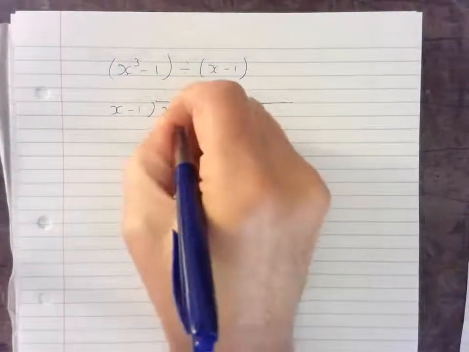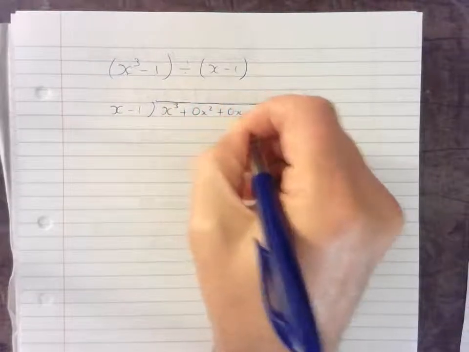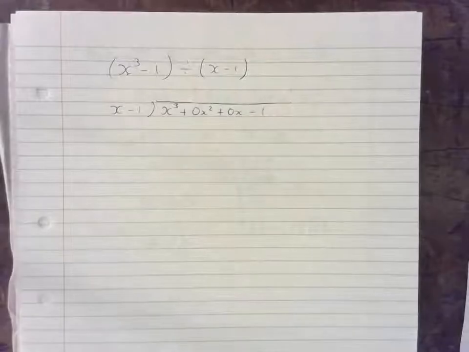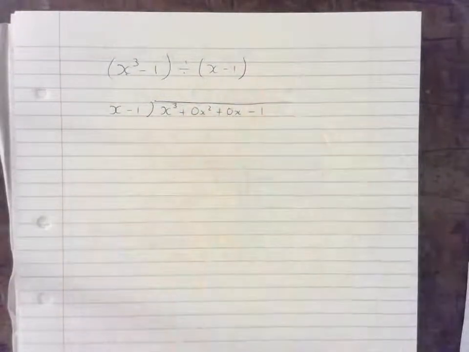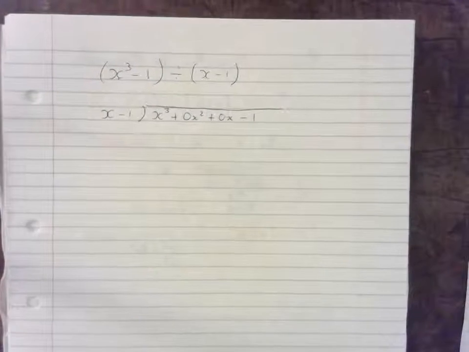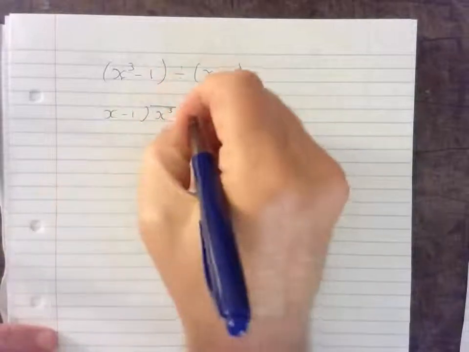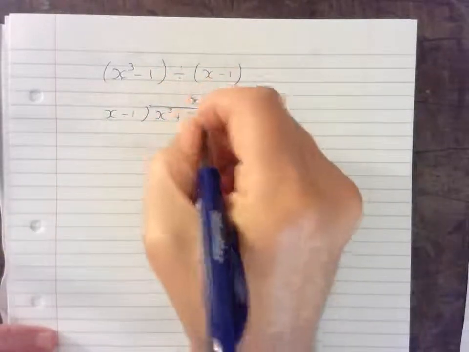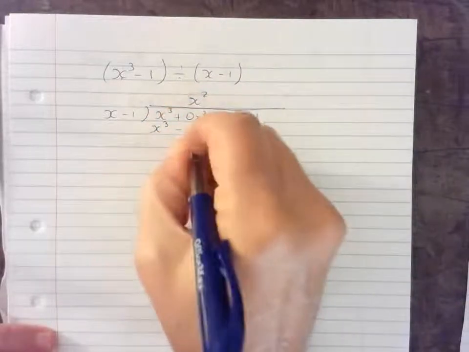So it's x cubed plus 0x squared plus 0x minus 1, almost like the place values in numbers. So again, I'm just going to go through. I need to get x cubed, so my first part of my quotient up here is going to be x squared. That's going to give me x cubed minus x squared.